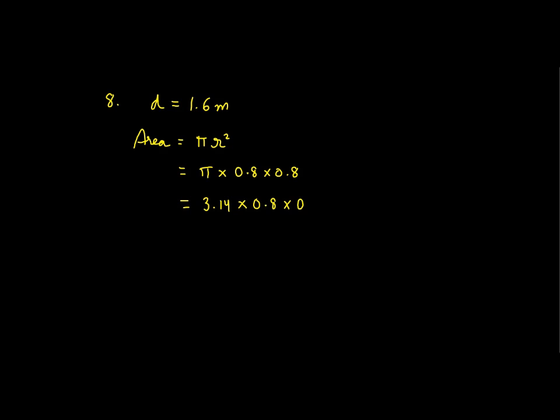Now we have to multiply these three to get the value of area. 0.8 times 0.8, then multiplication with 3.14 gives you the value of area as 2.0096 meter square.